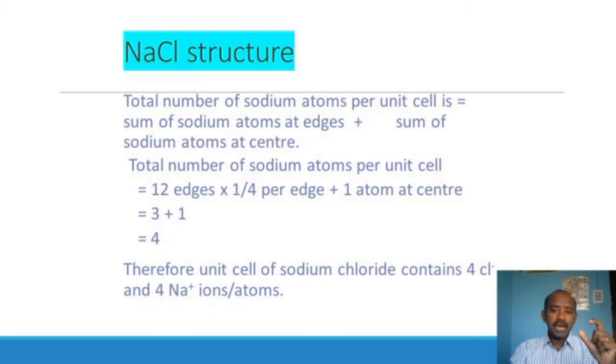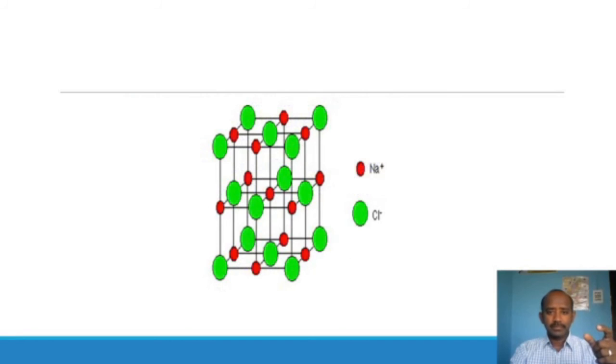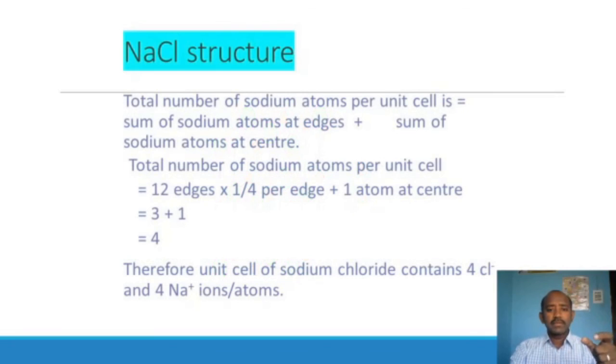Each atom is contributing only one-fourth of the whole atom. There are 12 edges into 1 by 4, so we will get 3, plus 1 atom at the center, which occupied the octahedral void. 3 plus 1, we will get 4.